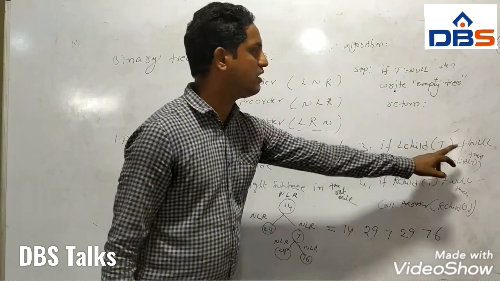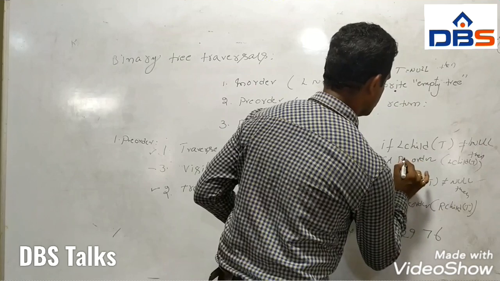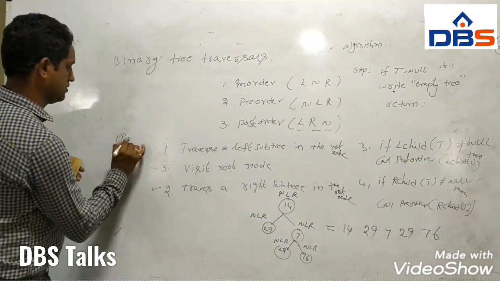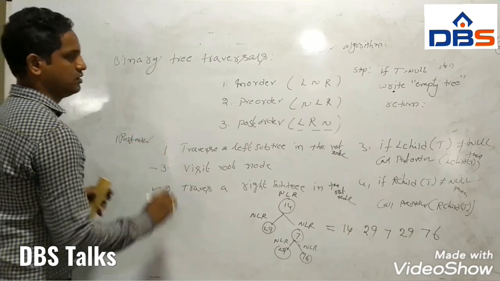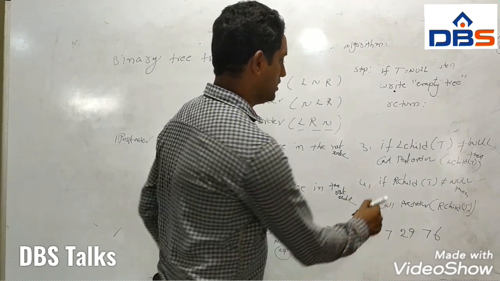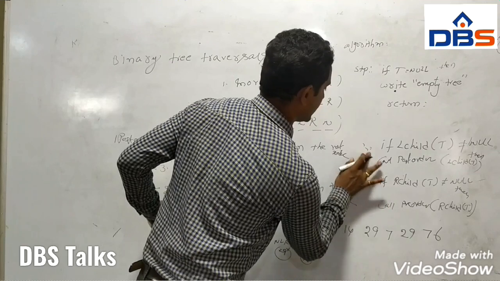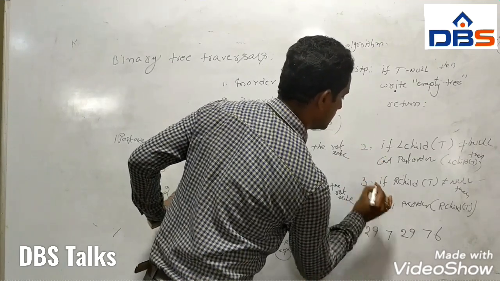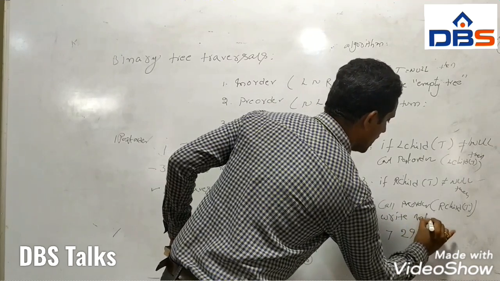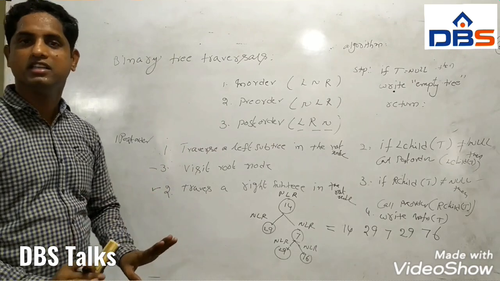If L child of T is not equal to null, call post order of L child of T. This is the second one, this is the third one, and fourth is write info of T. Simply we can change the arrangements.